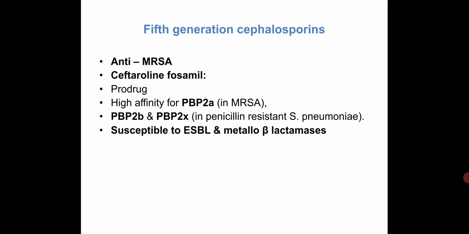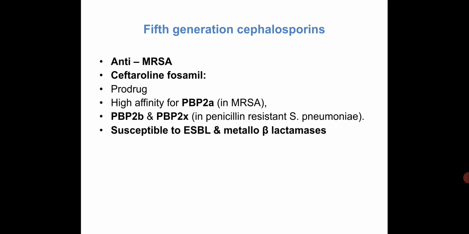So it is effective if the Staphylococcus aureus is not sensitive to methicillin, and if the Streptococcus pneumonia is resistant to penicillin, but this fifth generation cephalosporin is useful because of the altered penicillin binding protein. Okay, but it is susceptible to extended spectrum beta lactamase and metallo-beta lactamase.